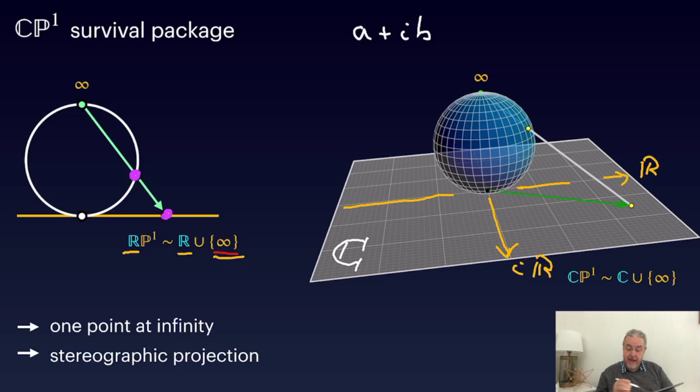And by that, this sphere here is a nice representation of our space CP1 of all complex numbers together with the point at infinity.